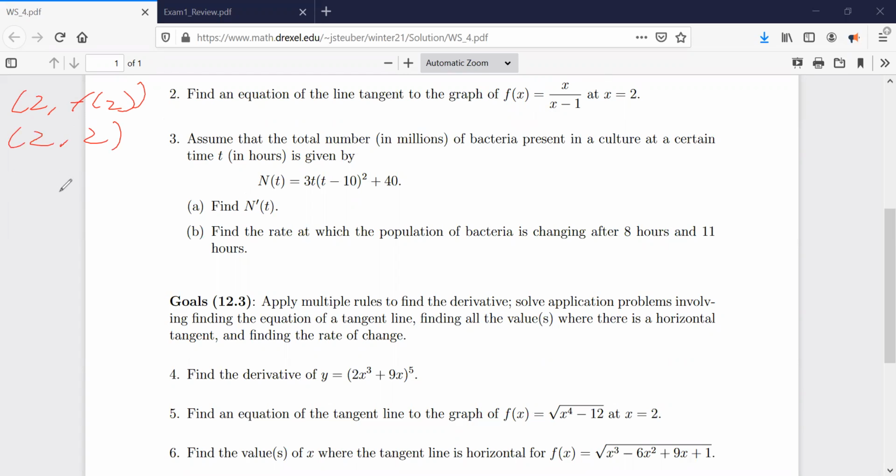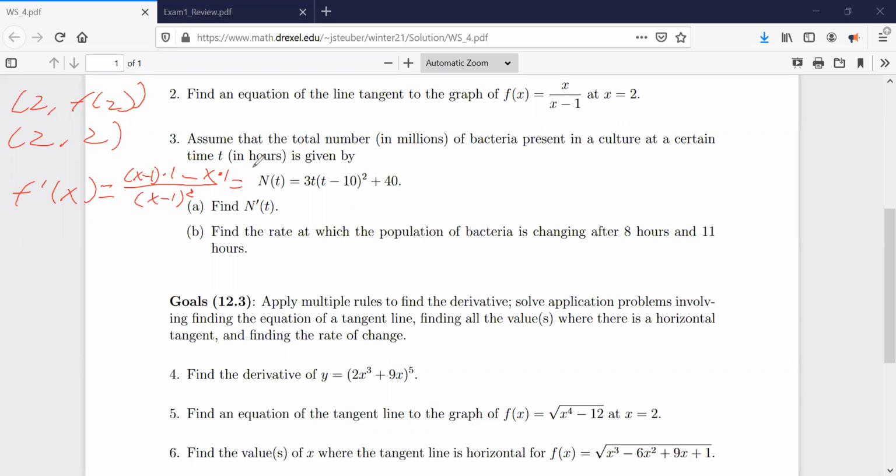And then for the slope, I'm going to have to find the derivative of f of x. That's going to be the quotient rule, right? So I have x minus 1 squared on the bottom, and on top I have the bottom, x minus 1, times the derivative of the top, which is just 1, minus the top, which is just x, times the derivative of the bottom, which is just 1.